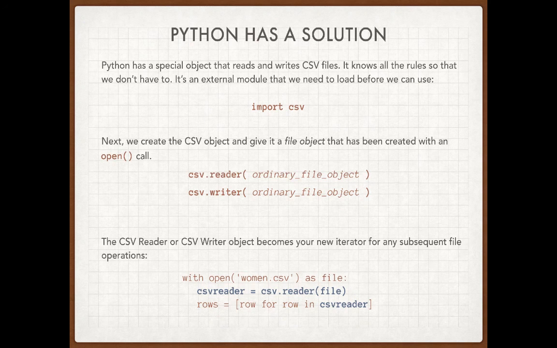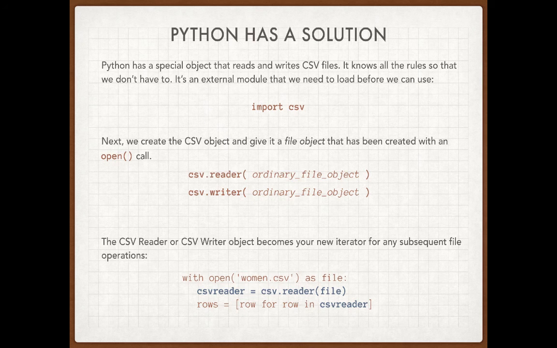Now, I know we haven't talked about modules yet, and we will very soon, I promise. CSV is a library of data that includes all of the knowledge about how to read and write CSV files. And even though it's a part of standard Python, that is to say, if you have installed Python, you already have the CSV library or the CSV module.